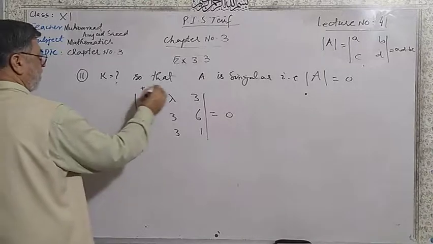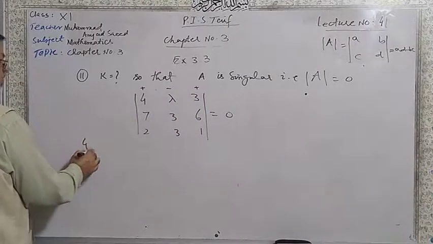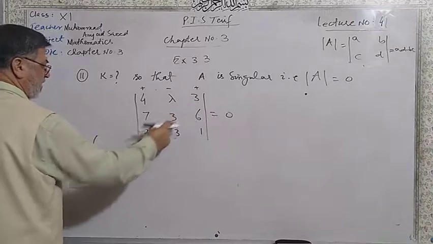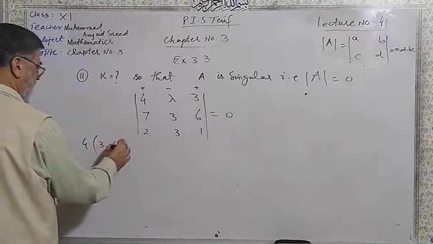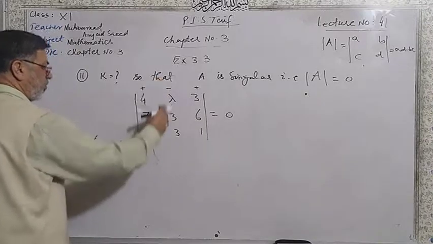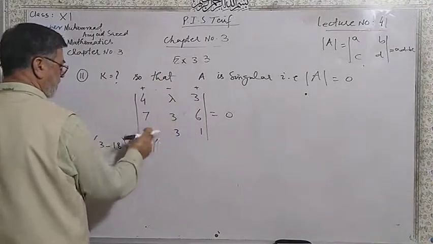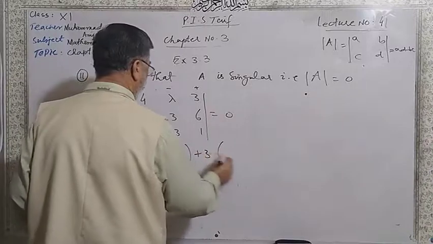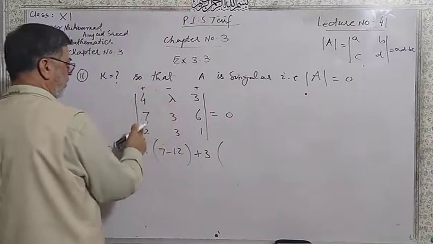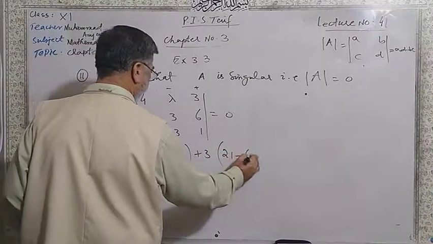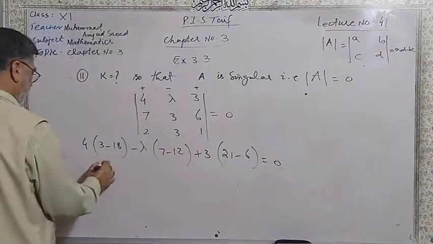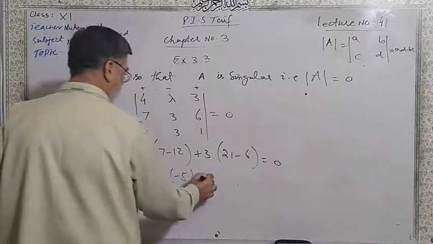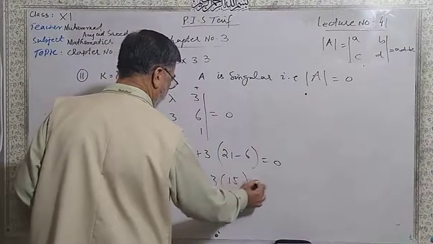This is plus, minus and plus. 4, I am leaving this row and column and drawing AD minus BC directly: AD 3 minus 18 minus lambda, remove this column and row, 7 into 1, 6 into 2, 7 minus 12 plus 3 into, remove this column and row, AD minus BC, 21 minus 6 is equal to 0. 4 into minus 15 minus lambda into minus 5 plus 3 into 15 is equal to 0.